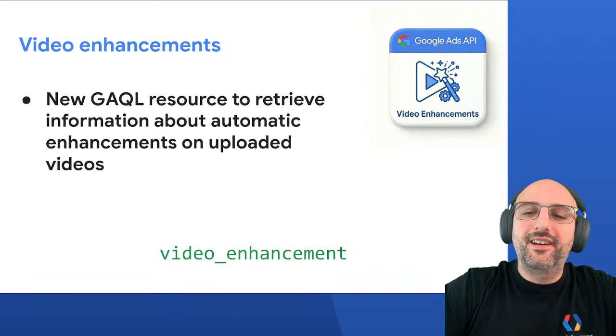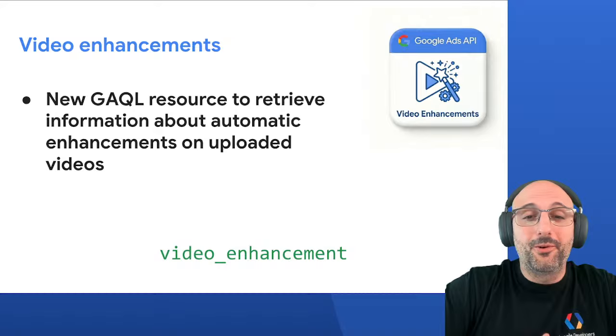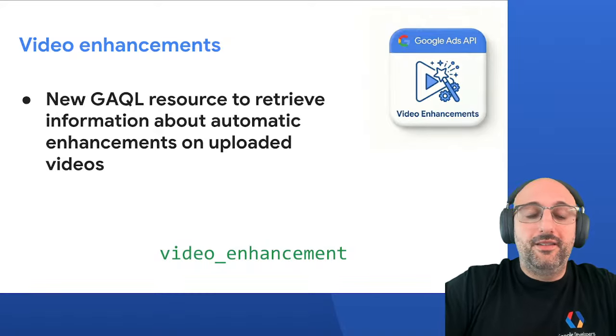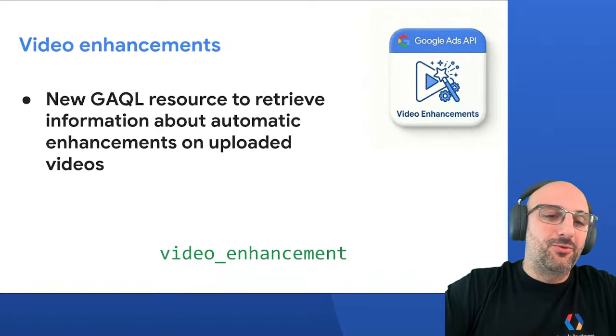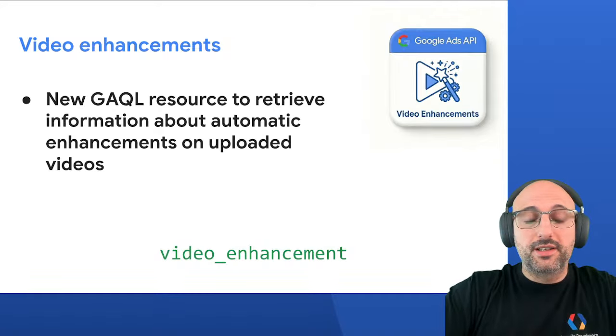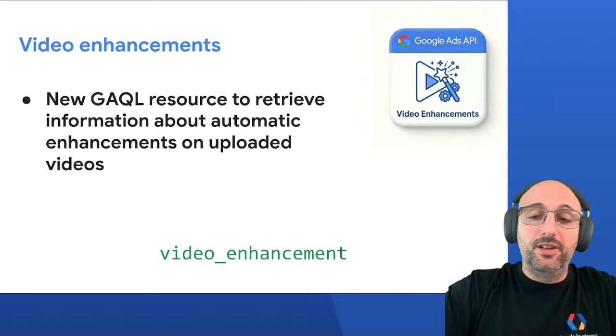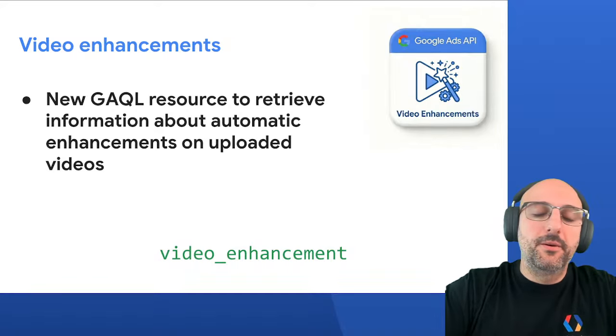Sometimes I think I am a little biased towards video advertising because it's the part of Google Ads that I work with the most. But there are a few more features in V23.2, and we have a blog post with some more details. I also invite you, if you want to get the whole list of features, to read the release notes, which is where everything is.